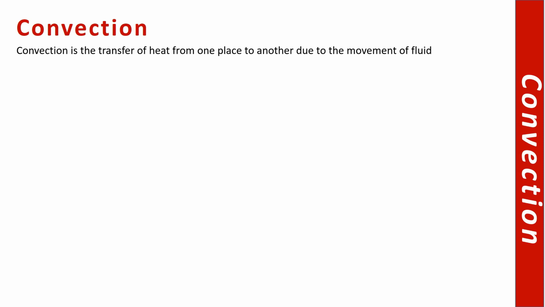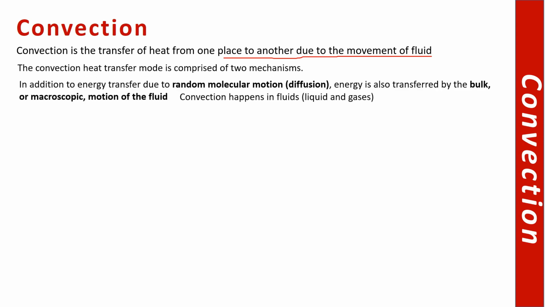But in this case, it happens due to the actual movement of the fluid or the molecules. In the previous one, the molecules or atoms were vibrating at their own position. But here, it happens because of the movement of the molecules from one place to another, and that can only happen in fluids, right, in liquid and gaseous states.